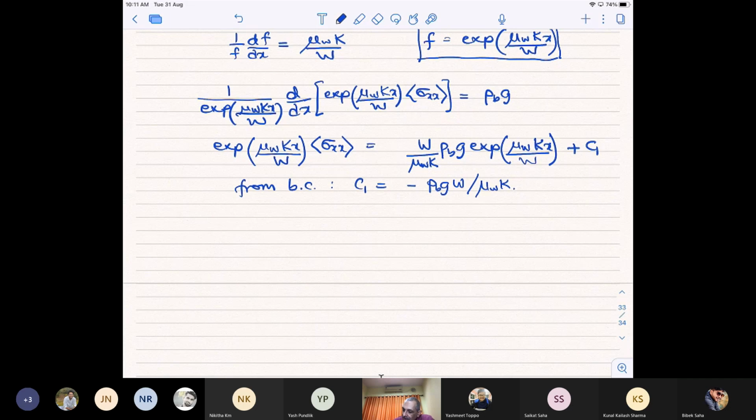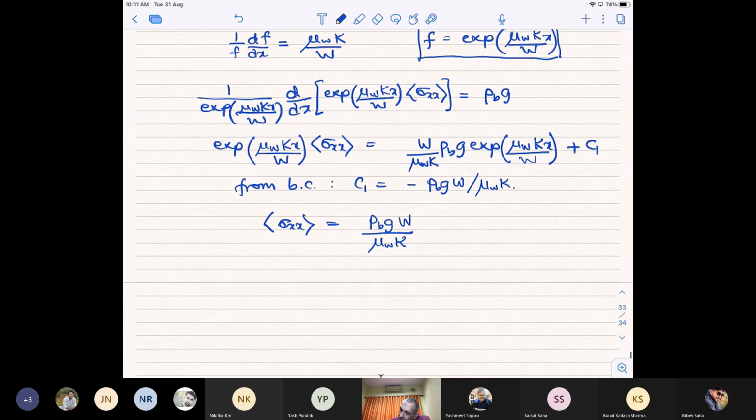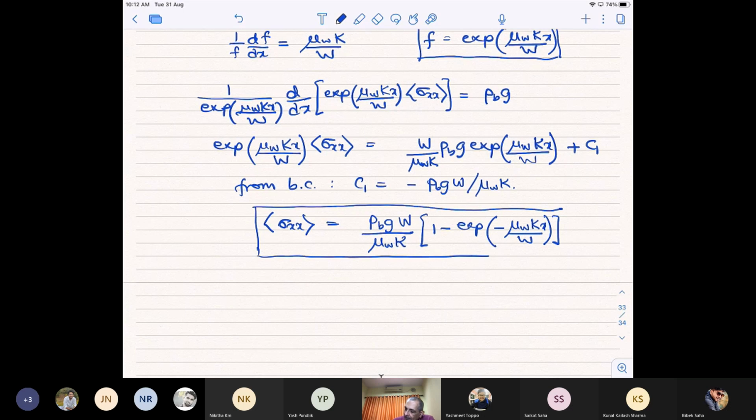So now if I divide throughout by this, I will finally get sigma xx is equal to rho b g w. Okay, so I'm sure this is an equation.